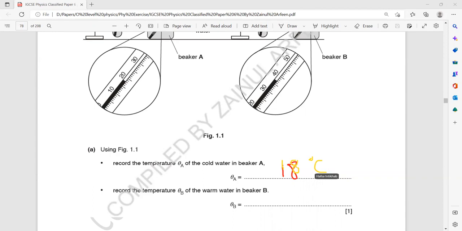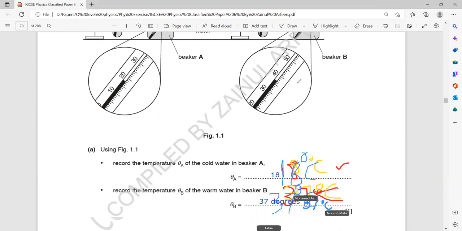Don't forget to write the unit. So 18 degrees. Yeah, this one is 18 and the other one is 37. So 18 degrees and 37 degrees.